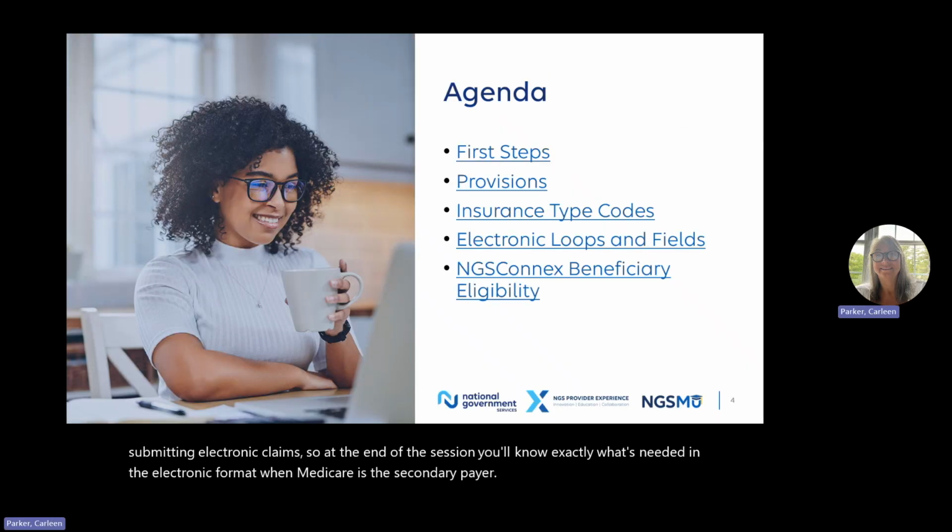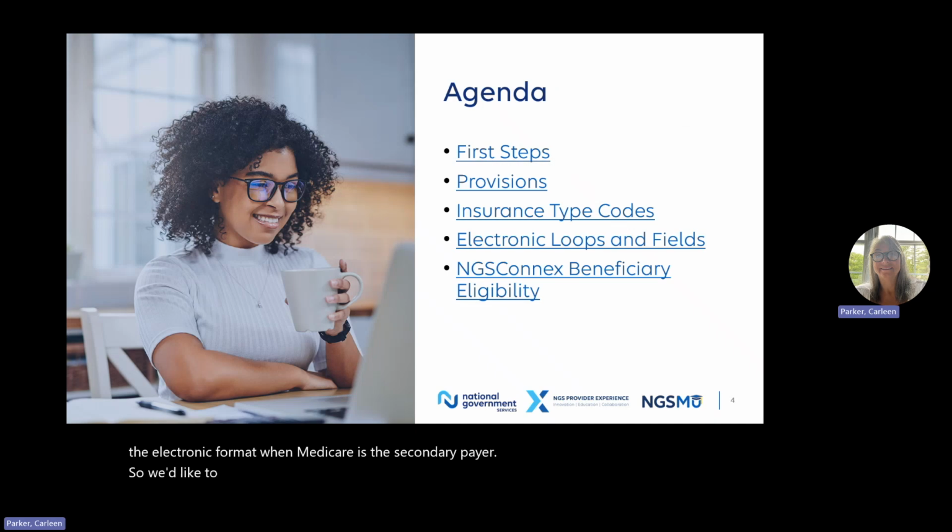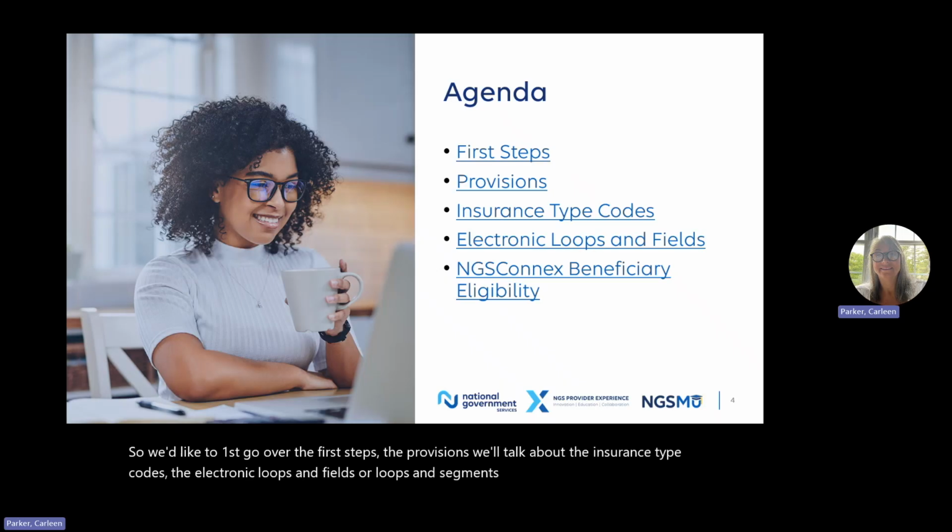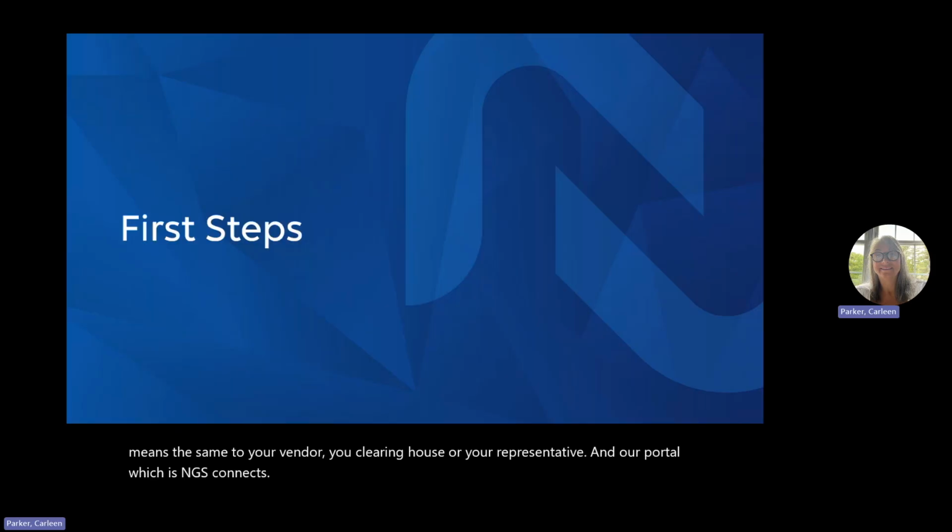We'd like to first go over the first steps, the provisions. We'll talk about the insurance type codes and the electronic loops and fields, or loops and segments. Field and segment mean the same to your vendor, your clearinghouse, or your representative, and to our portal, which is NGSConnex. It'll be important to review that as well.